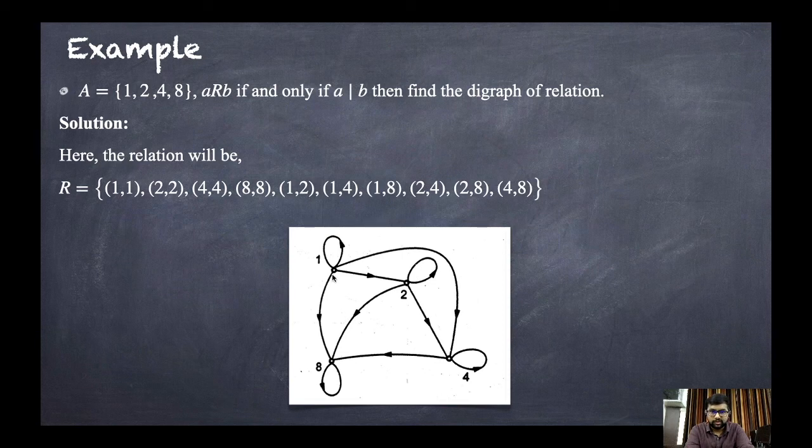Now (1,2): that means 1 to 2 with this direction. Now (1,4): 1 to 4 with this direction. Now (1,8): 1 to 8 with this direction. Now (2,4): 2 to 4 with this direction. (2,8): 2 to 8 with this direction. And (4,8). So this will be the graphical representation. Thank you.